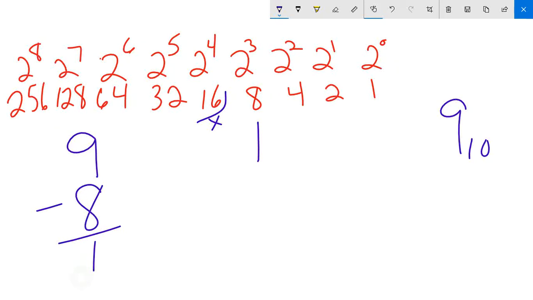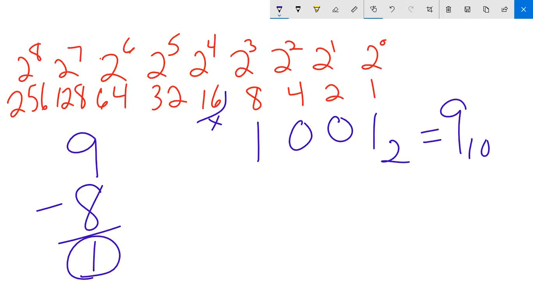I'm left over with 1 now. Does 4 go into 1? No. Does 2 go into 1? No. Does 1 go into 1? Yes, so I'll put a 1 there. And so 1, 0, 0, 1 in base 2 is equal to 9 in base 10.